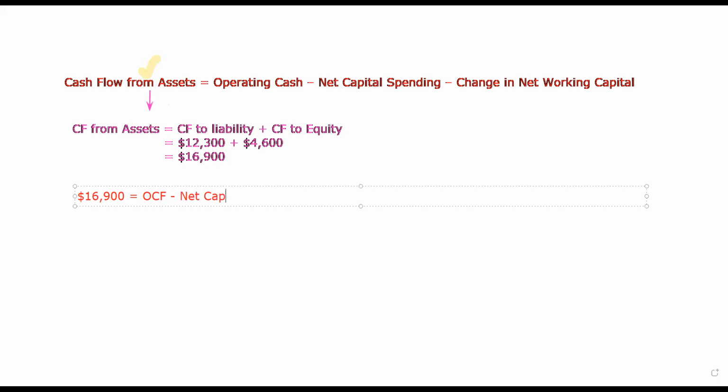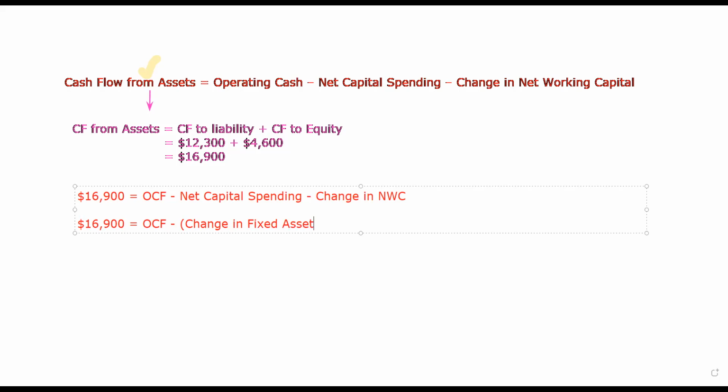I write here first net capital spending, and then change in net working capital. So I can expand the formula: OCF minus net capital spending. What's the formula? Correct, change in fixed assets, then plus depreciation. Very good.